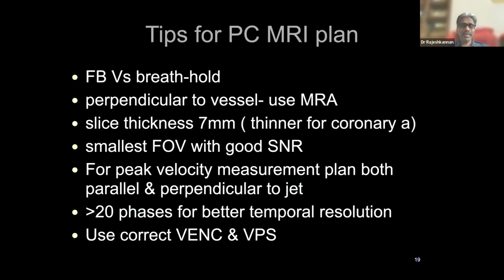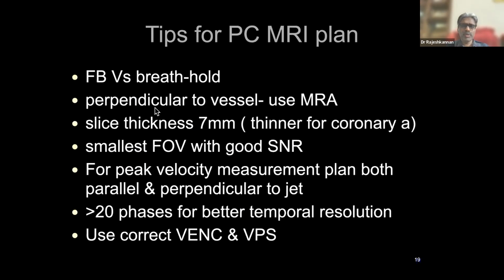So to sum up, when you are doing the planning, we can do either a free breathing sequence or a breath hold sequence. I told you breath hold sequence is most of the time sufficient, but if you are doing a complex congenital heart disease, it's always better to do it with free breathing.